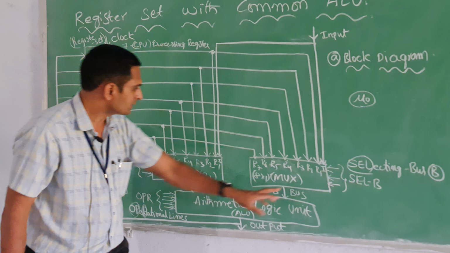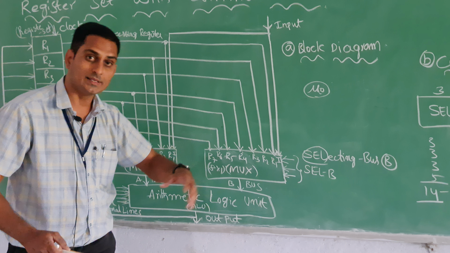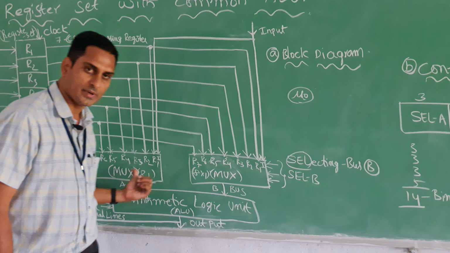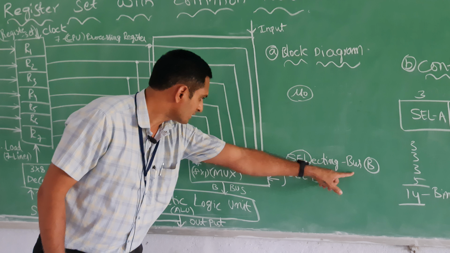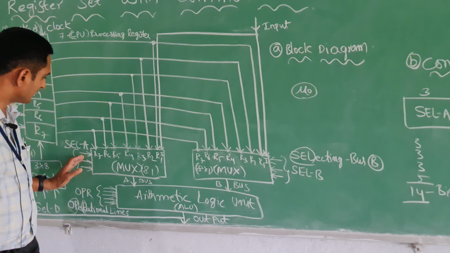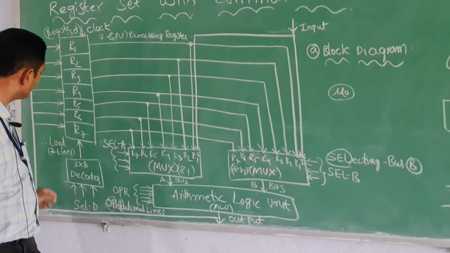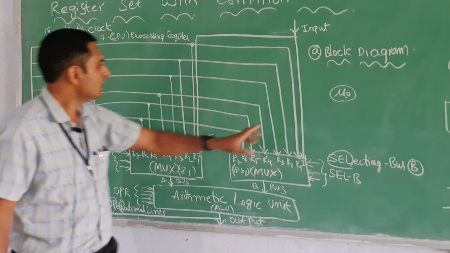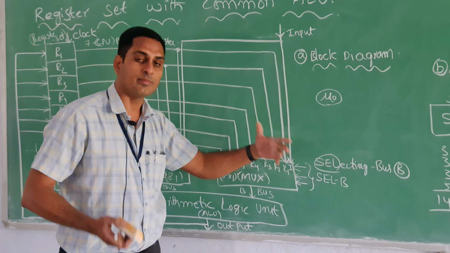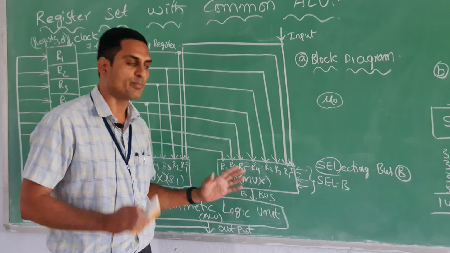These 3 lines will select B bus or A bus. These buses will enter into the ALU, arithmetic logic unit, and its output enters the registers again. In this way micro operations will be performed inside the processor and the computer.